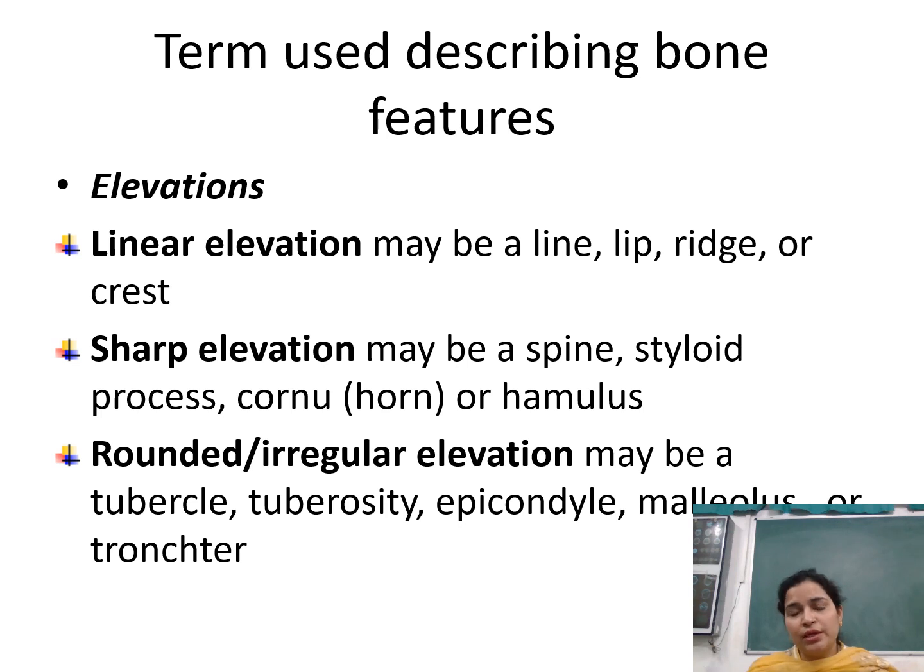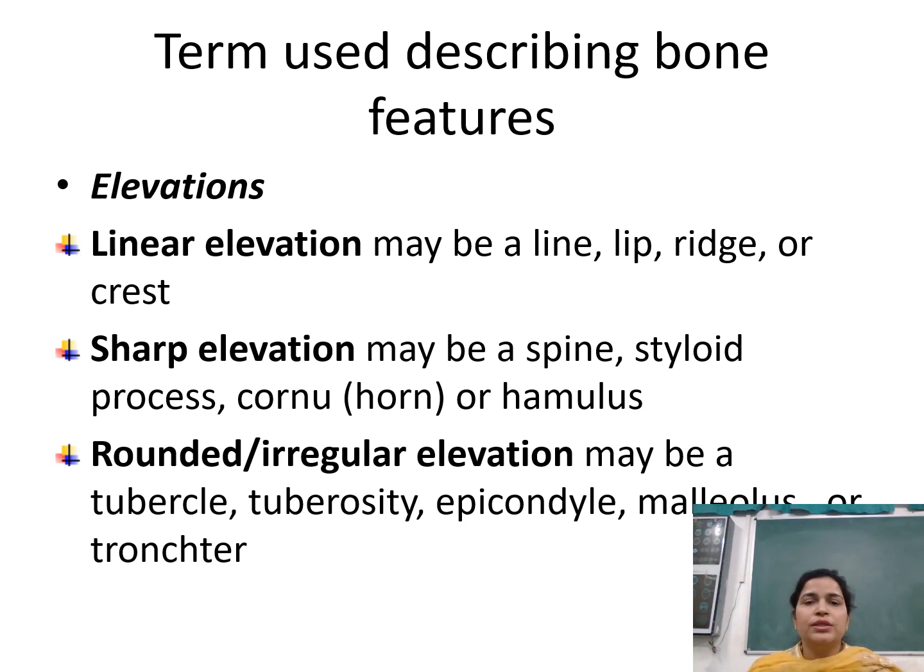These are the small elevations over the condyles of the femur, so epi means above. Malleolus or trochanter, as we described. So these are the different elevations and how they are used for bone features.